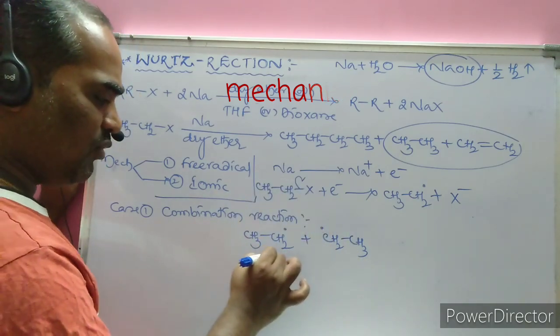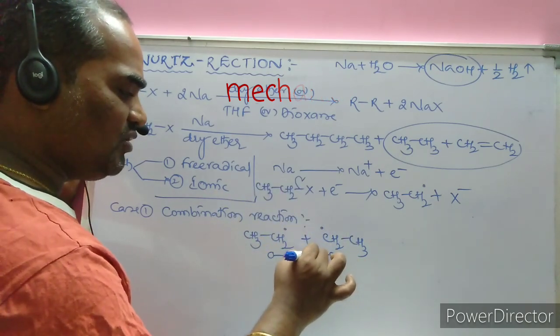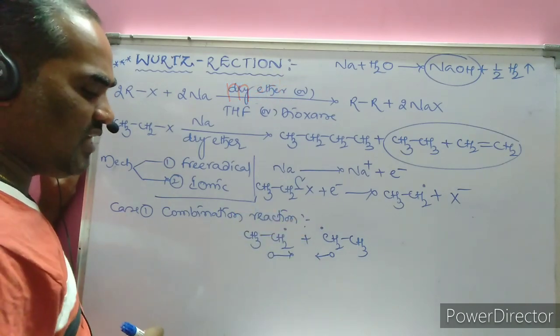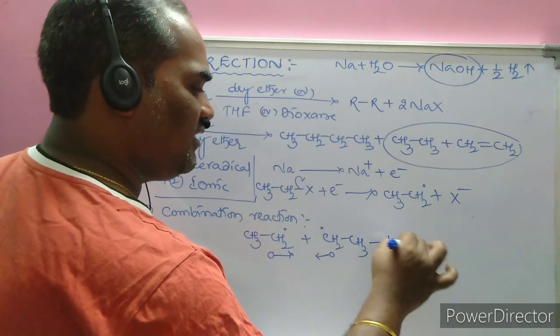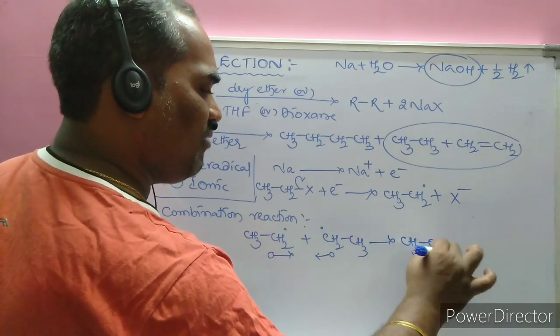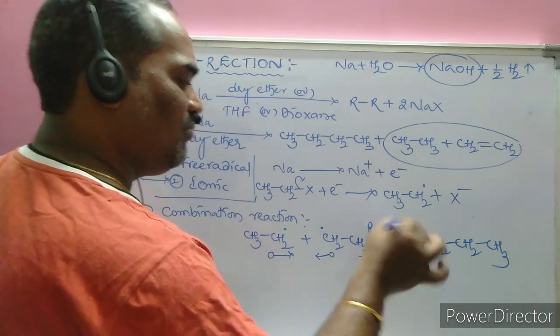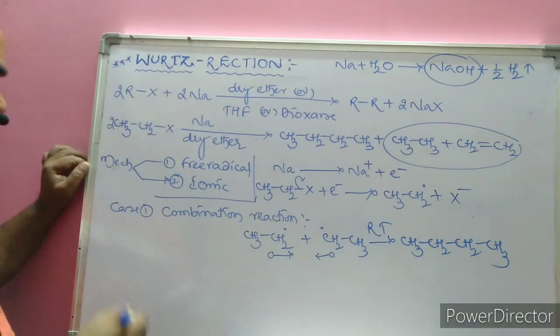Let us imagine both electrons come in opposite directions to each other, that means one is clockwise and the other is anticlockwise. As a result, the major product will form at room temperature. That is very suitable, at room temperature itself.